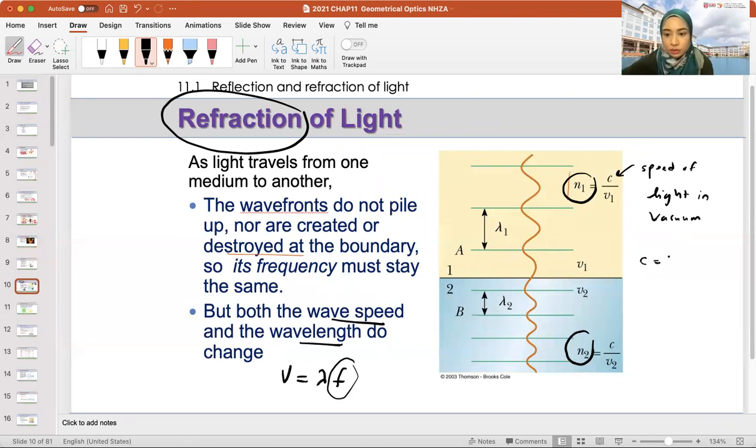So c is equal to 3 times 10 to the 8 meters per second. This is basically the speed of light in vacuum. This is the fastest. So to find the index of refraction, n is equal to c over v1. So v1 is the speed of light in your medium. So it is basically a ratio of the speed of light in vacuum over the speed of light in the medium itself. Okay. So here we have n2, it is also c over v2.